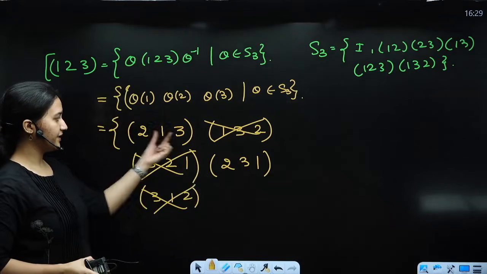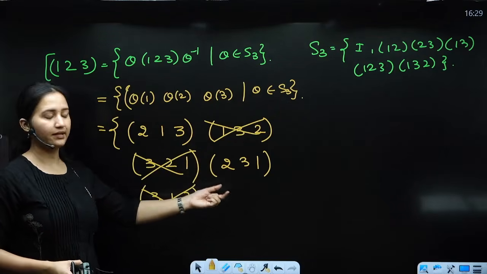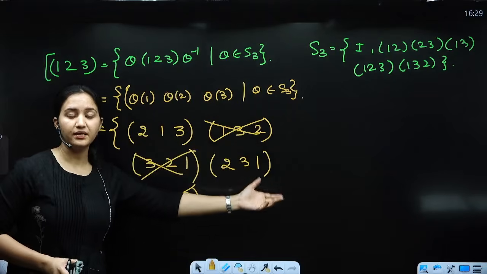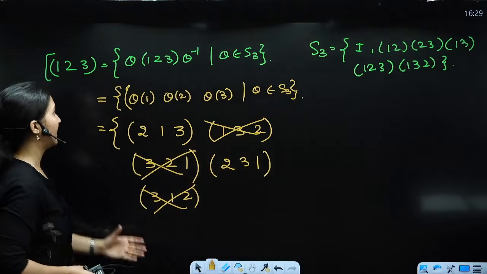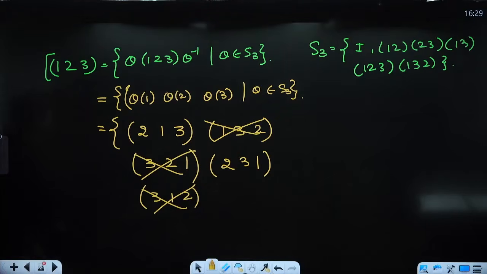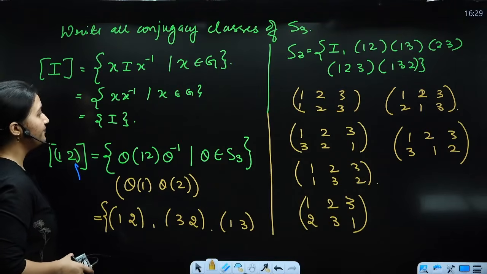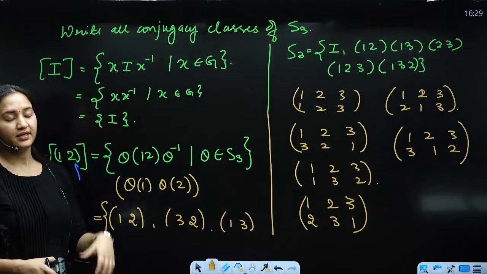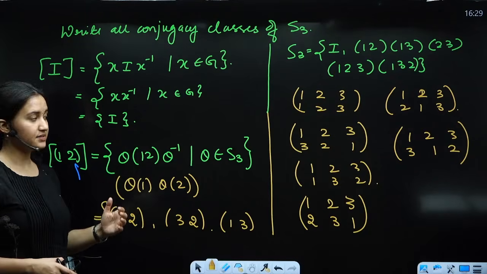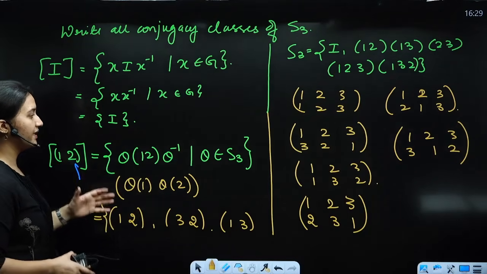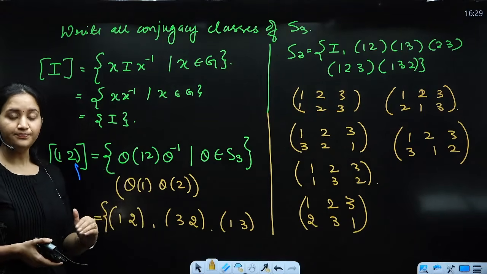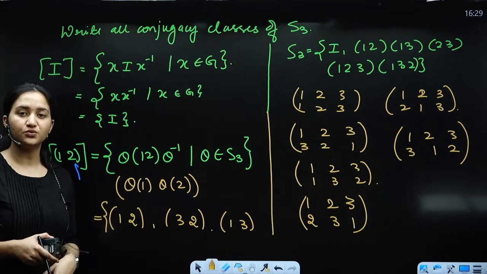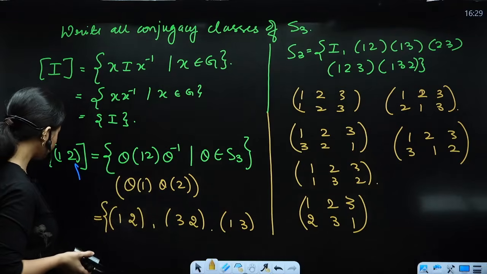The only two distinct permutations I'm getting here are 2 1 3 and 2 3 1, which is the collection of unique 3-order elements and which lie in the conjugacy class of (1 2 3). So whenever we are making the conjugacy classes for S3, you are going to get distinct disjoint sets of elements of similar order, and whose union is equal to the group itself. Clear?